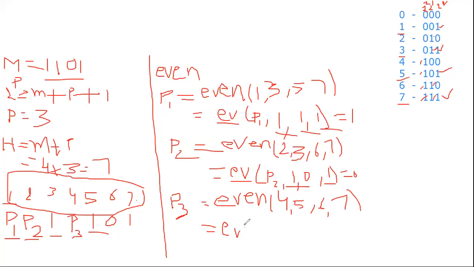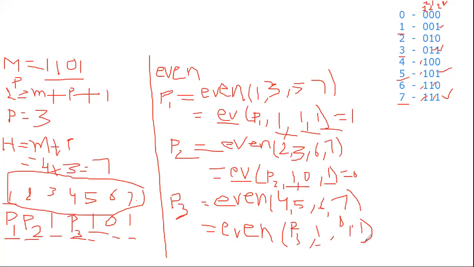Even parity of 4, 5, 6, 7: P3, 1, 0, 1. How many ones are there? 1, 2.